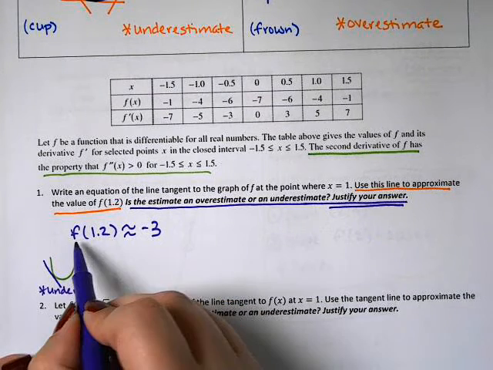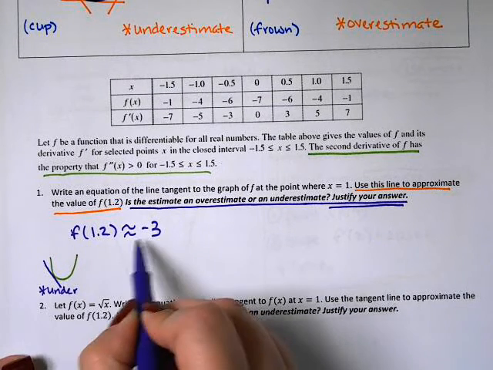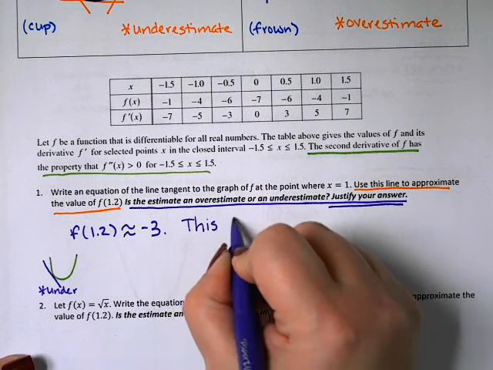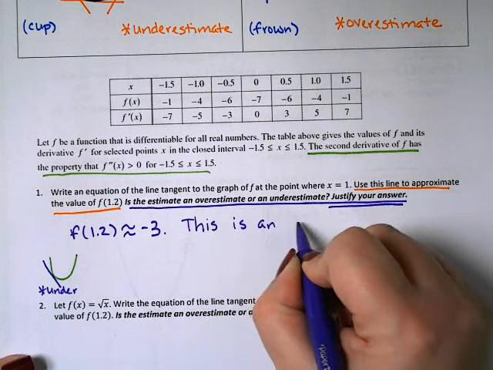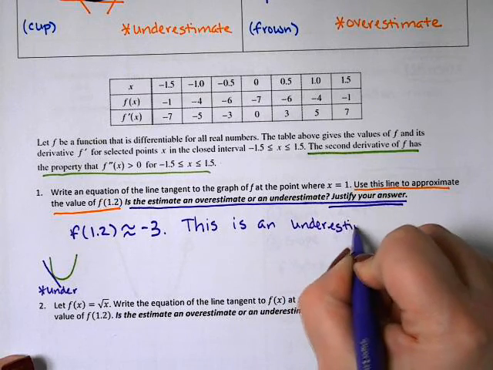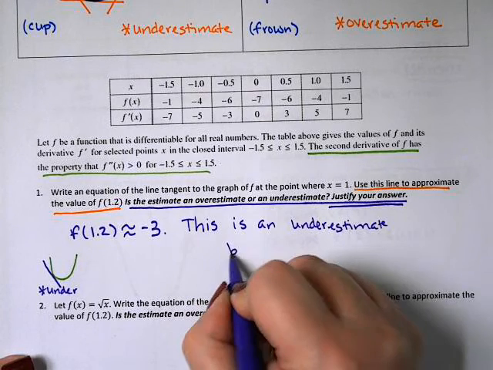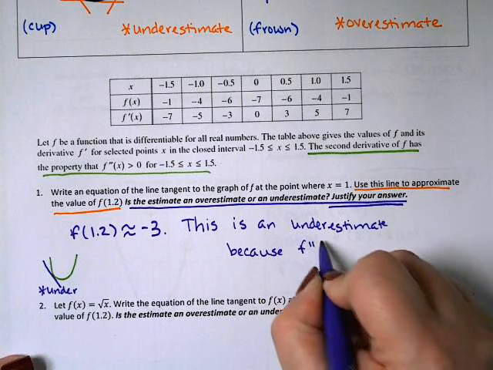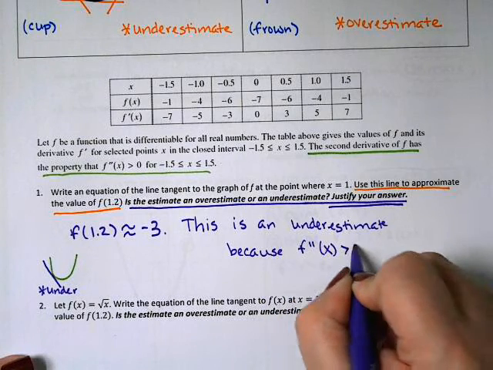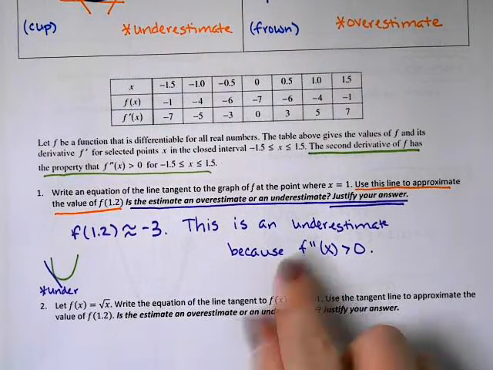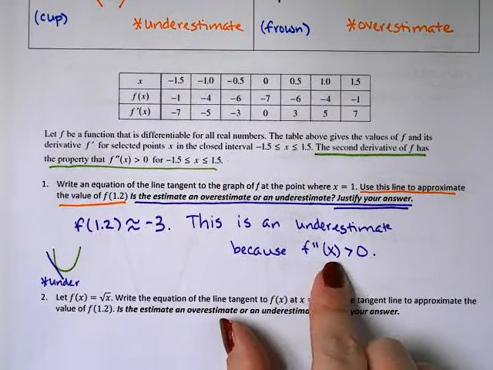So we said f of 1.2 is approximately -3. This is an underestimate because the second derivative, so f double prime of x, is greater than 0. That's all we need for our justification. We just need to say how we knew it, and we knew because the second derivative was positive.